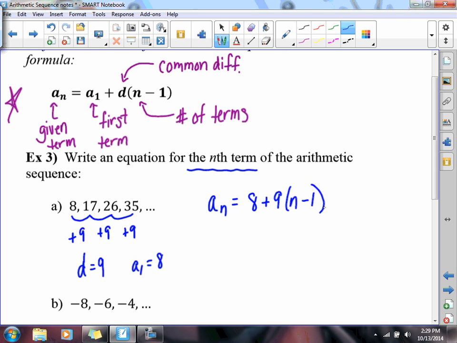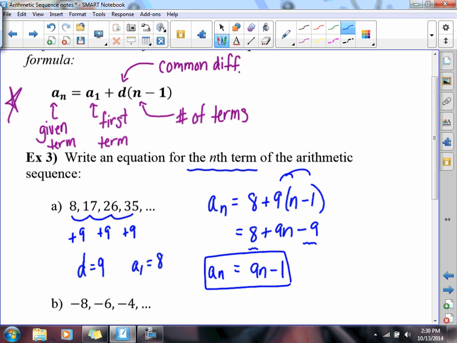I don't know what the n is, I want to leave the n in there, so that if somebody says, hey, tell me the 15th term, I just plug in 15. Now I can simplify this a little bit. I can distribute here, so I'll have 8 plus 9n minus 9, and then I can combine my like terms. So I'll really have 9n minus 1. That would be my equation for any term in the sequence that I was given.